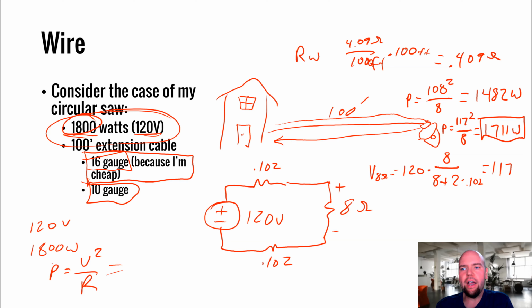So just by switching to a 10 gauge extension cord instead of a 16 gauge extension cord, I was able to gain a lot, right? That's like an extra 230 watts or so. I got an extra 230 watts out of my circular saw by going with a better extension cable.